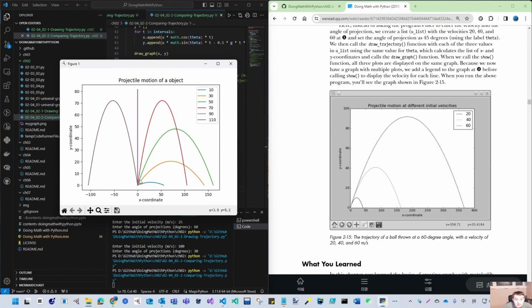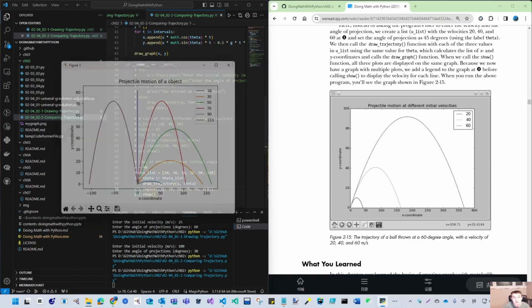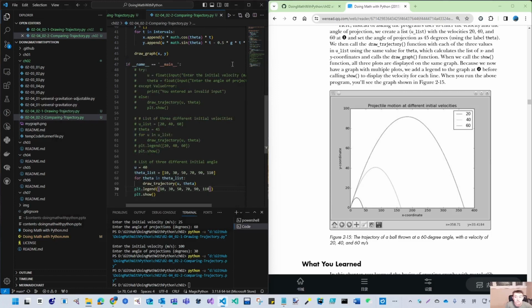You can see this is 10, 30, 50, 70. This is 90, which is very interesting, and this 110 is just the same as this 70 because they have the same difference from 90. So then you have a more colorful way to show the different input parameters.